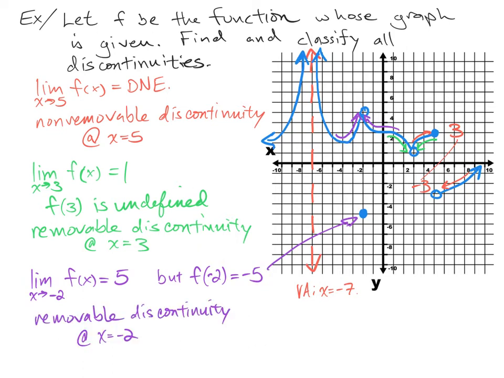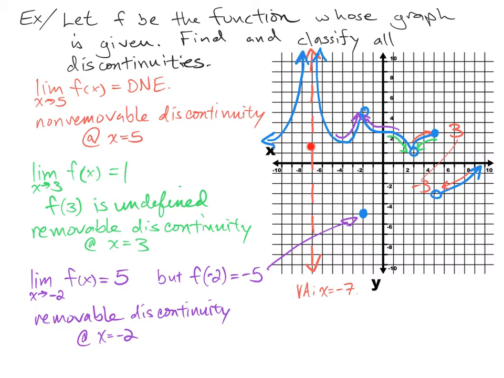So we can write that f of x has a removable discontinuity at x equals -2. And again, that's because this number, the limit, does not equal where the point is actually located. The point is located at -5, the limit happens at +5. Since this point doesn't have the same value as this limit, then we have a removable discontinuity.